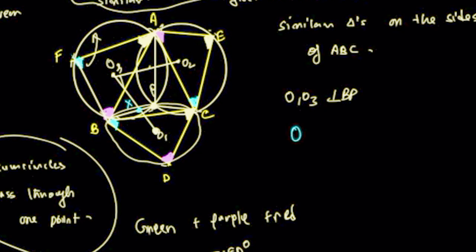Now what can you say about O2, O3? O2, O3 is perpendicular to something. Excellent. O2, O3 is perpendicular to AP. Very nice. Let's call this Y. Now, do you see any cyclic quadrilateral in this picture?